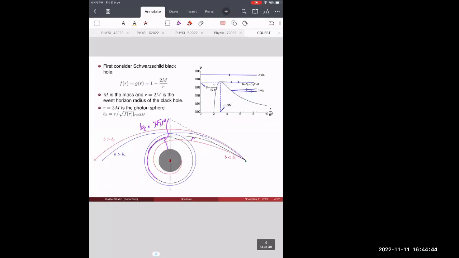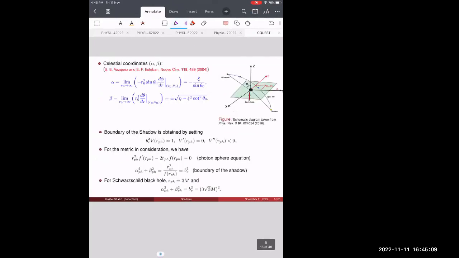Therefore in order to find the boundary of the shadow, we need to find the unstable circular orbits, the critical orbits. And we see that these critical orbits correspond to the maximum of the effective potential.